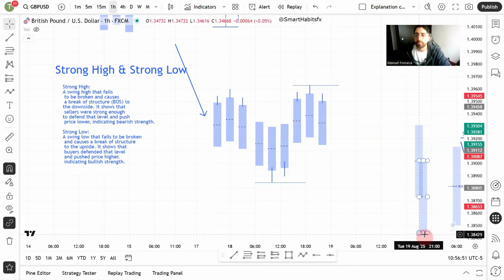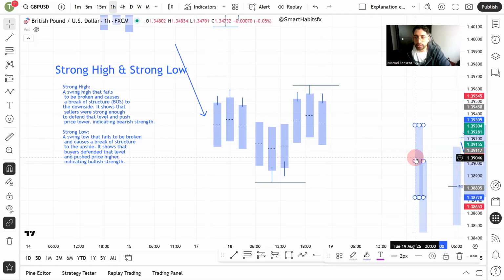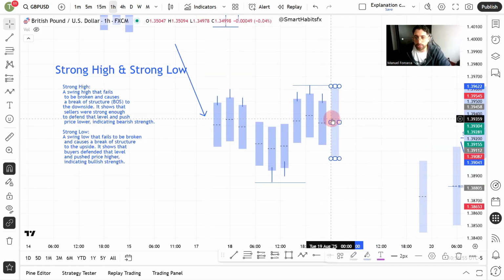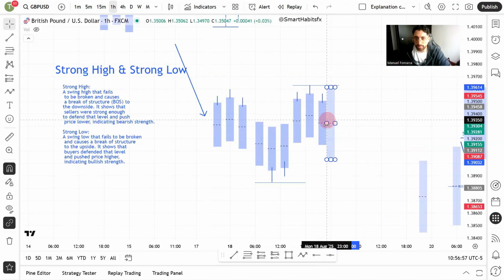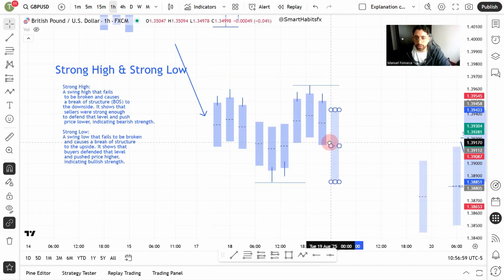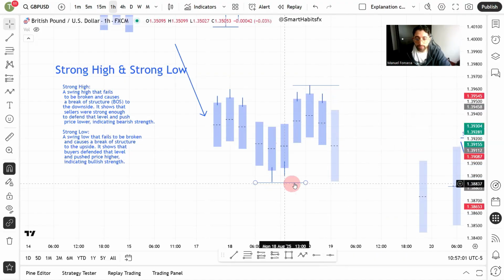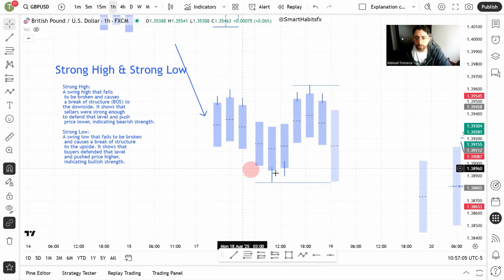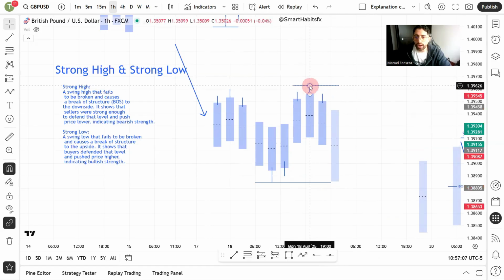That is where the liquidity taking occurs, which is what I was explaining to you. We need to find the swing low first. Okay, so now the swing low is created, then the swing high is created.